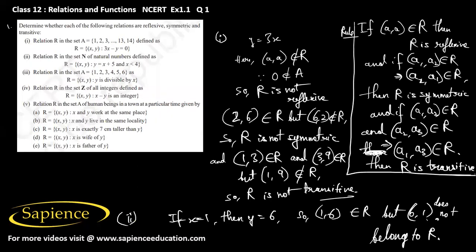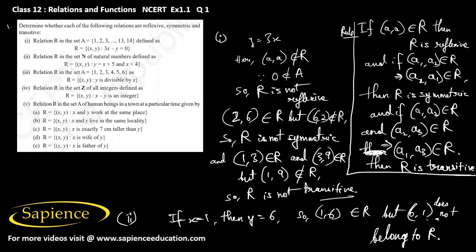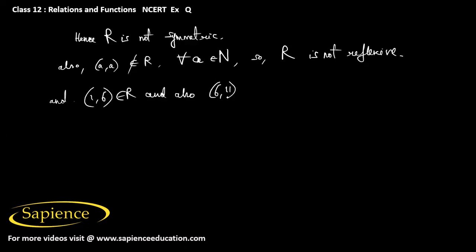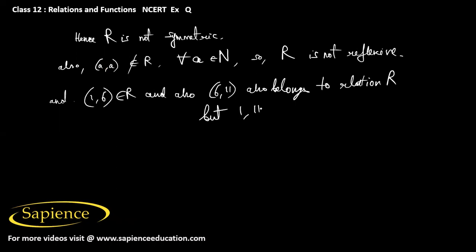And also, suppose for example here (1, 6) belongs to the relation R, and also (6, 11) also belongs to the relation R, but (1, 11) does not belong to the relation R. So I can say that relation R is not transitive also.